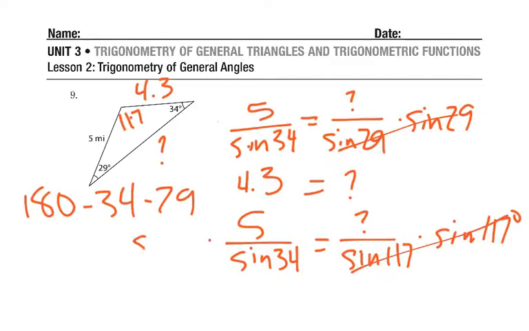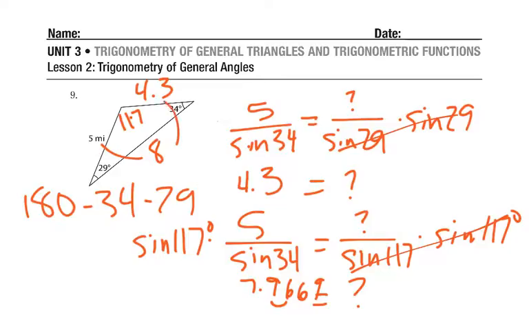That cancels. So our question mark equals 5 times the sine of 117 divided by the sine of 34. And I get about 7.96. So basically 8 if we round to the nearest tenth, we'll call it 8.